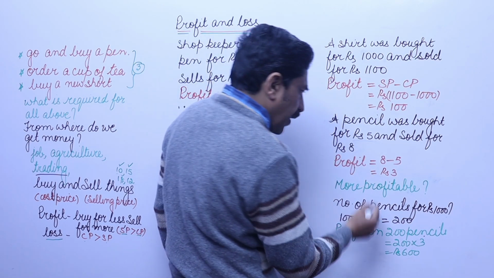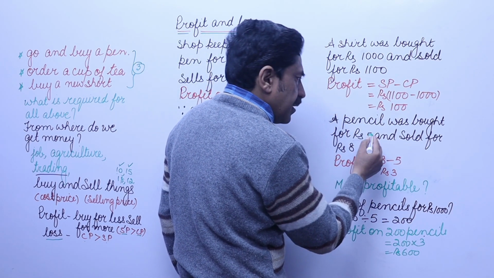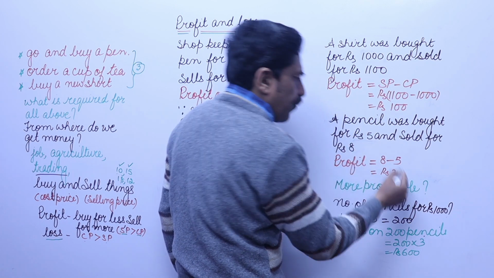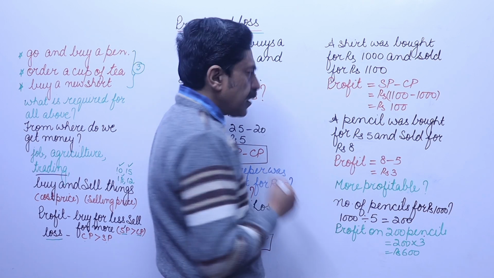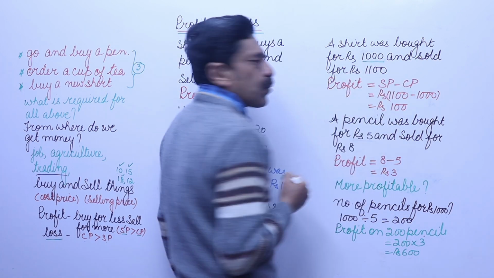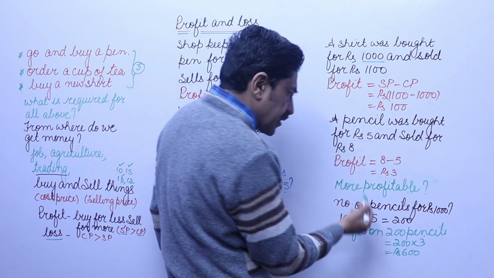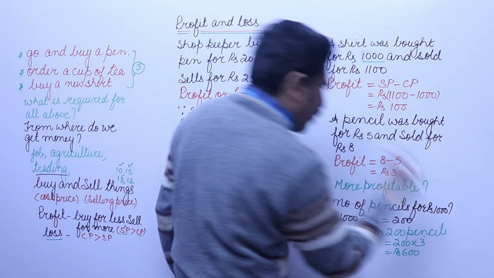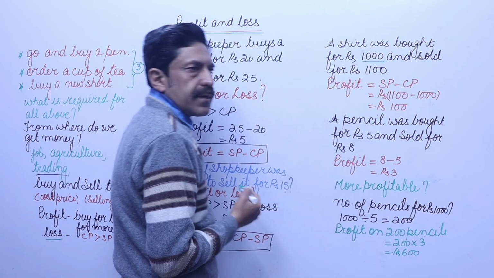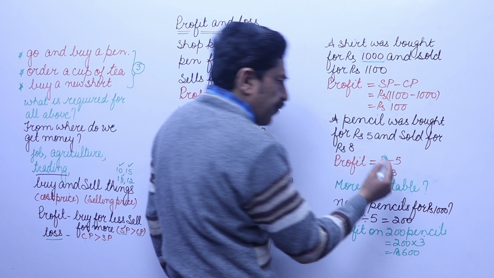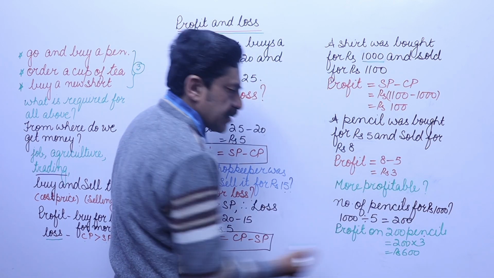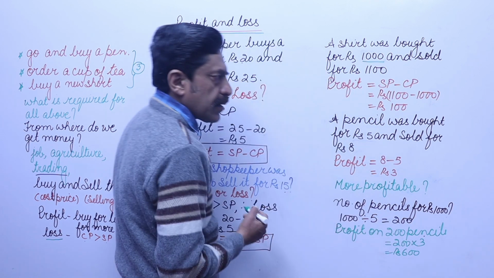And rupees 5 was invested in a pencil which was sold for rupees 8, thus giving a profit of rupees 3. Now if we consider the same investment, rupees 1000, how many pencils can be bought for rupees 1000? It is 200. On one pencil profit is rupees 3, and on 200 pencils it is rupees 600.